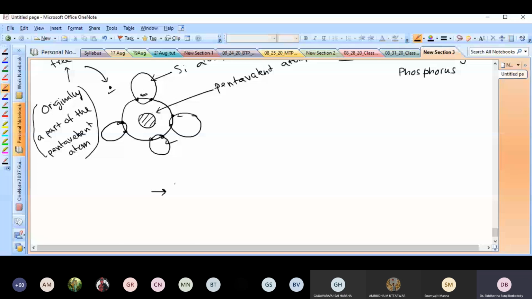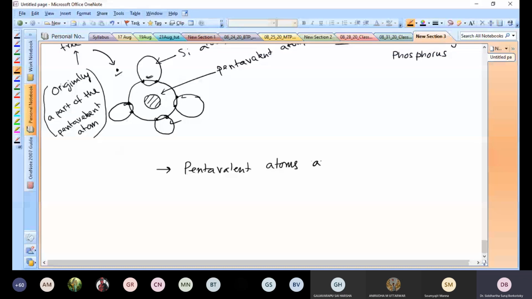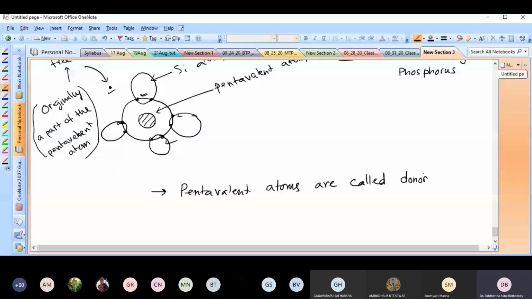So that's why pentavalent atoms are called donor impurities.